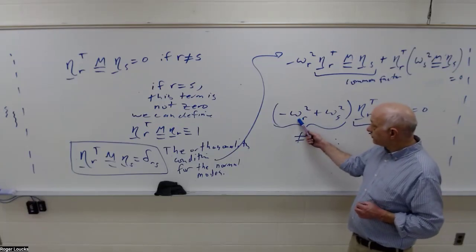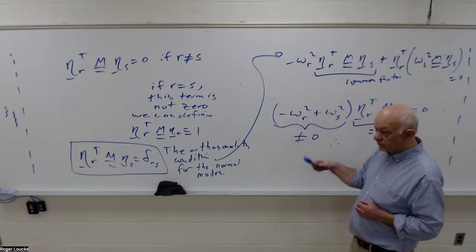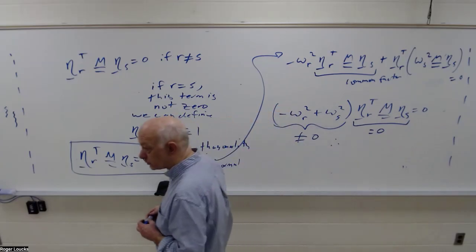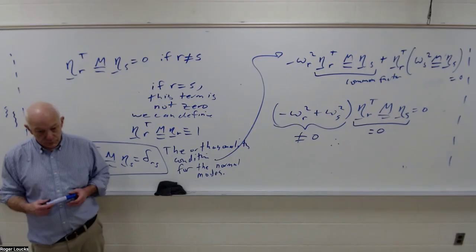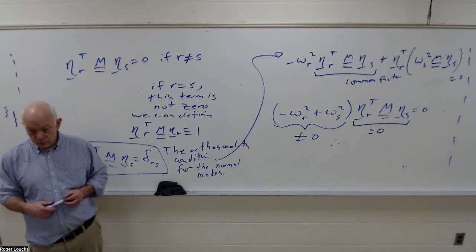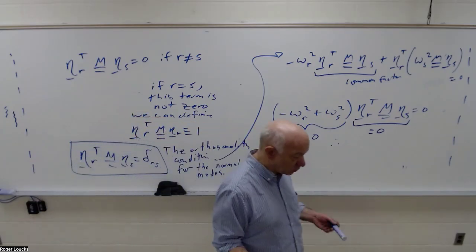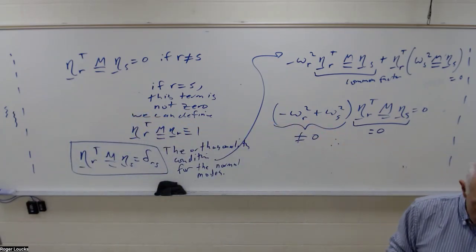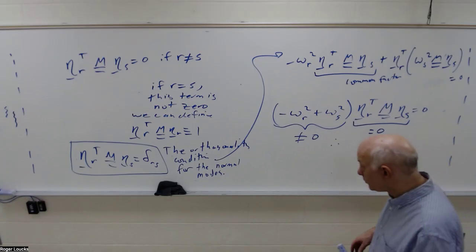This omega squared is always going to be a positive quantity, so you're never getting negative. So we've just shown that the normal mode eigenvectors, the etas, are orthogonal.